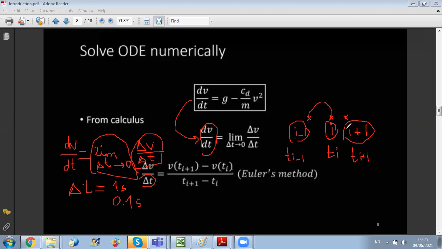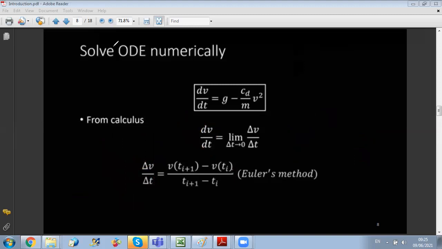In some methods, they take two points after and two points before, so that they have a more accurate representation of the derivative. So you have several methods for assessing delta V over delta t. We will see them together today, and we can compare their effectiveness by doing appropriate calculations.